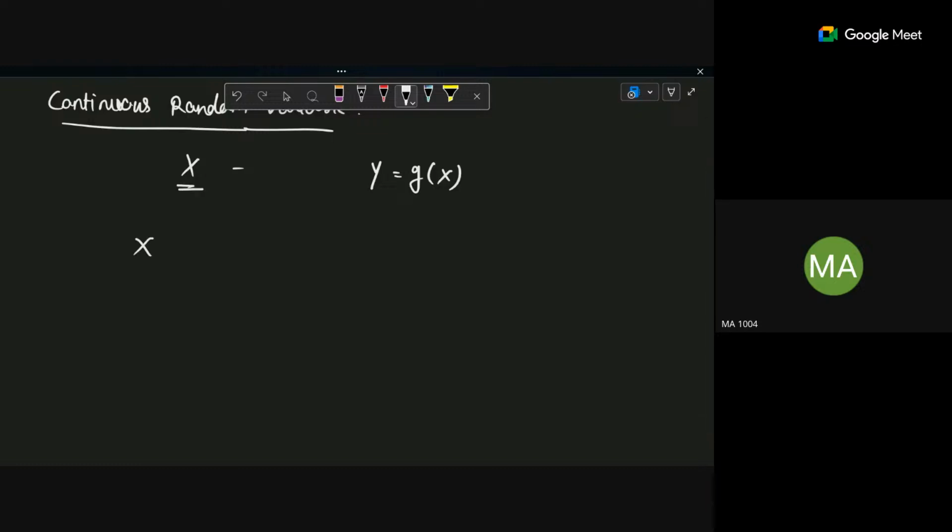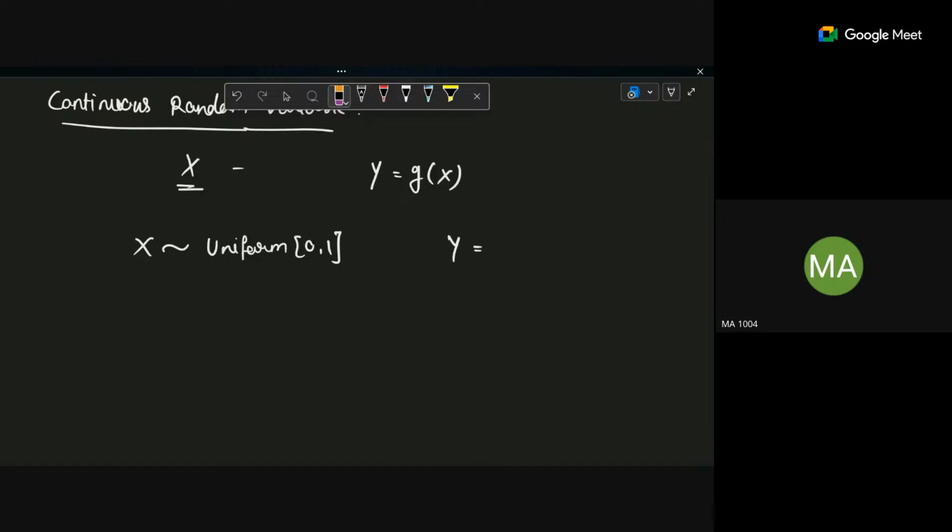Let's say it's the standard uniform distribution, and then you form another random variable, which we are denoting y, equal to, let's say, 4x square.